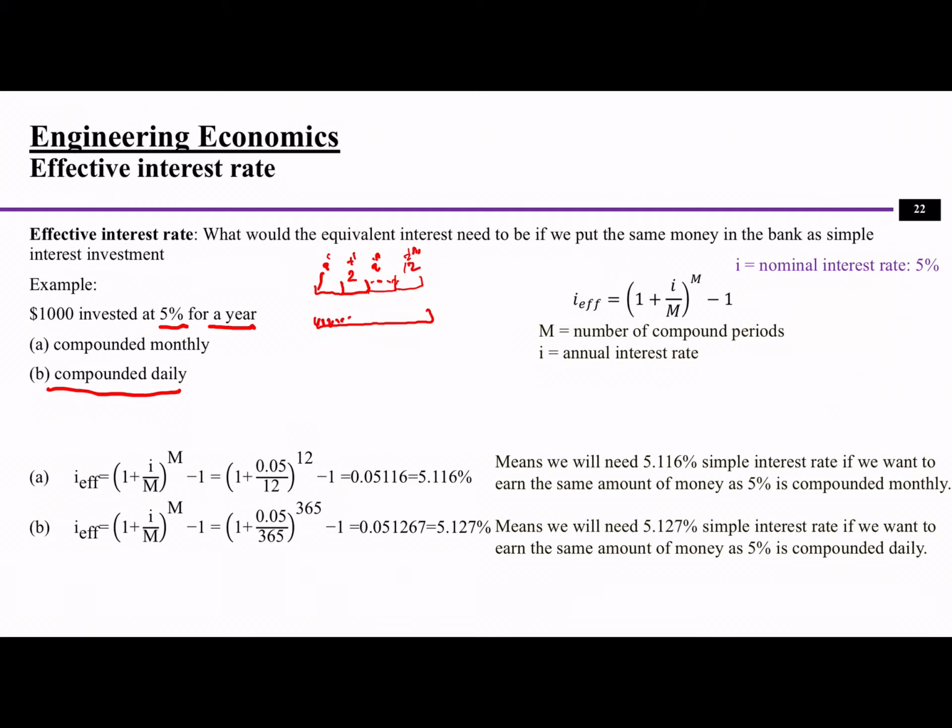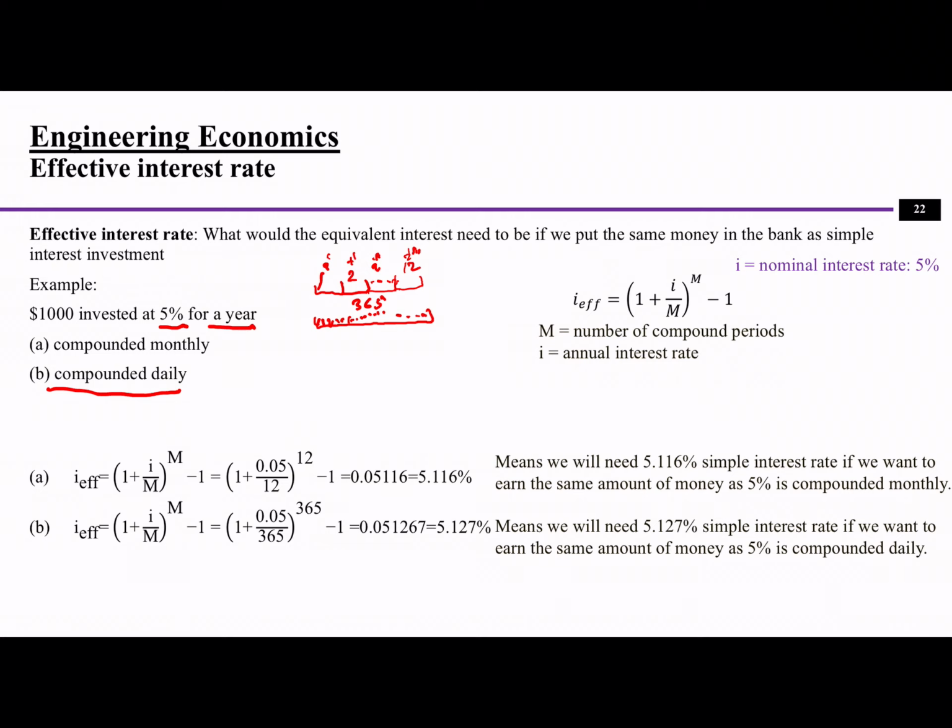There will be 12 periods, 12 compound times. Well, if it is daily, there will be 365 days, and it will be compounded 365 times. So there are more times of interest.